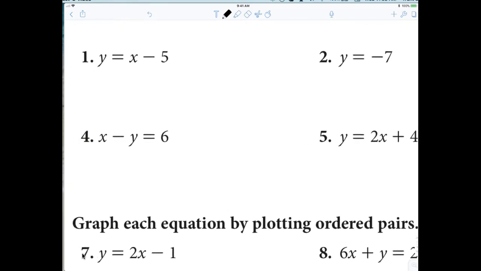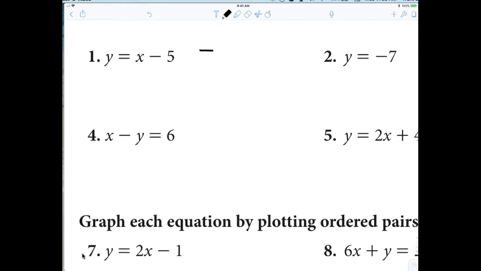So for question number 1, here's what you're going to do. I want everybody to do that. How many points does it say? 4. But guess what I require? Only 3. All right, so we're only doing 3 points, not 4. And I'm changing it to a table.